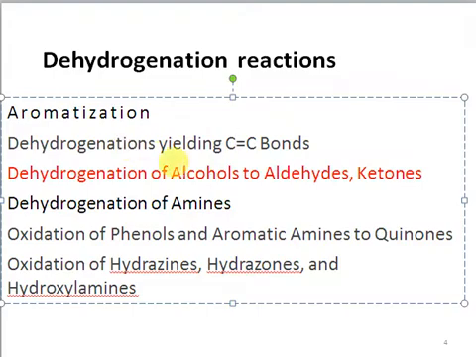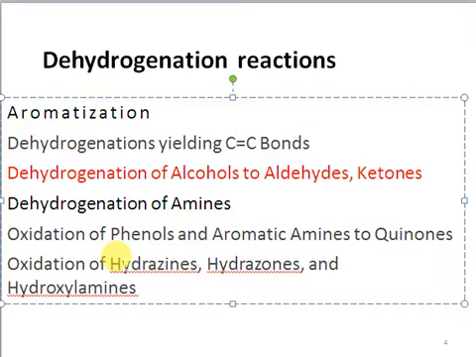If we have alcohols and we remove two hydrogens from the alcohol, we get aldehydes and ketones. In the case of amines, we can carry out dehydrogenation to yield nitriles. Also, we can convert phenols or aromatic amines to quinones. We can also oxidize hydrazines, hydrazones and hydroxylamines into different functional groups.